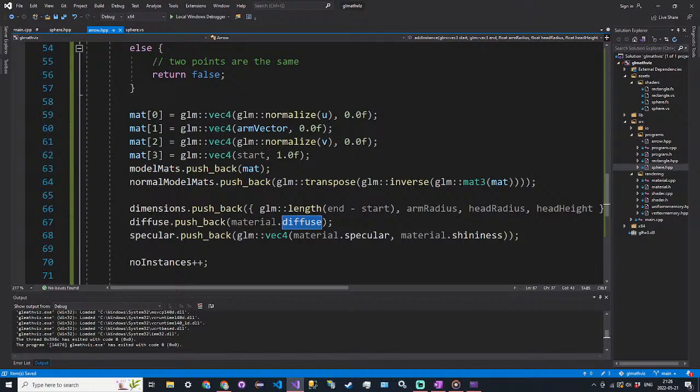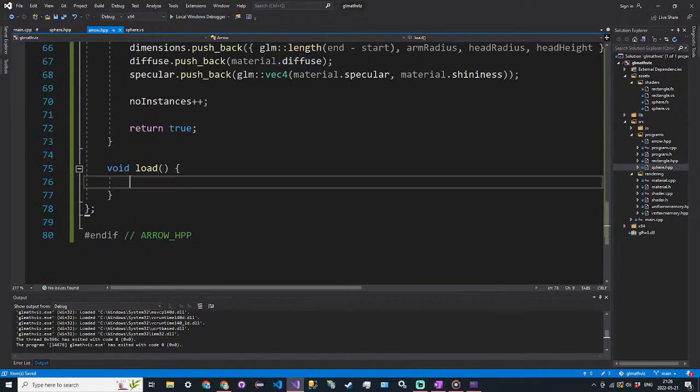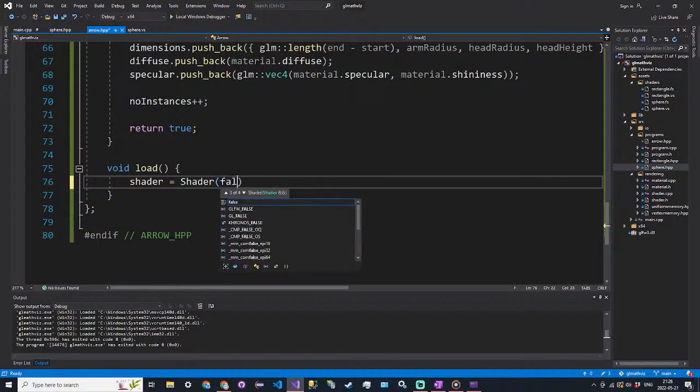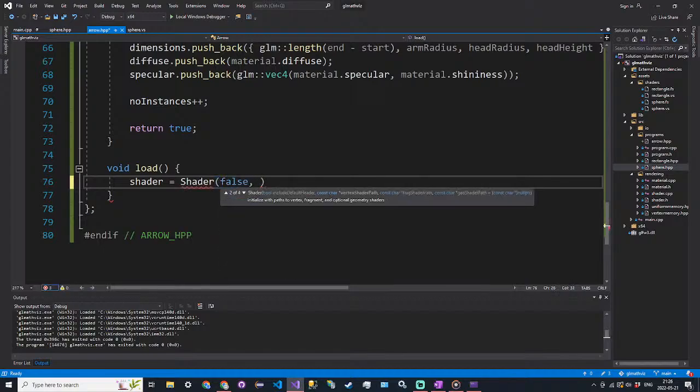All right. Now for load, this is going to be fun. For load, we're going to start like we did with the sphere. So we say the shader is equal to a shader, no default header, and we're going to pass in shader paths here. For the vertex shader, we're going to create a new one, arrow.vs. Fragment shader, we're going to call sphere.fs.